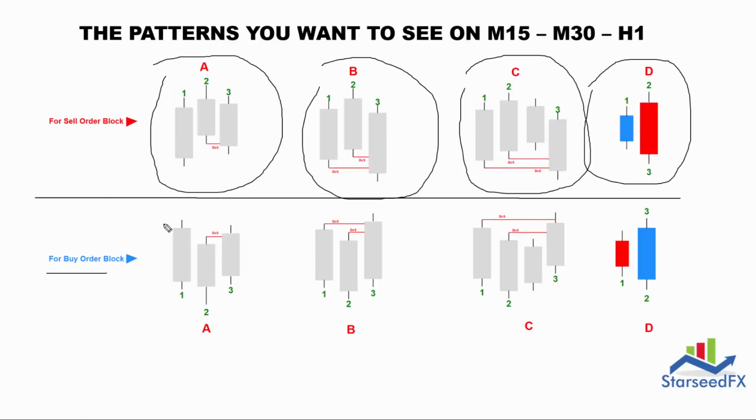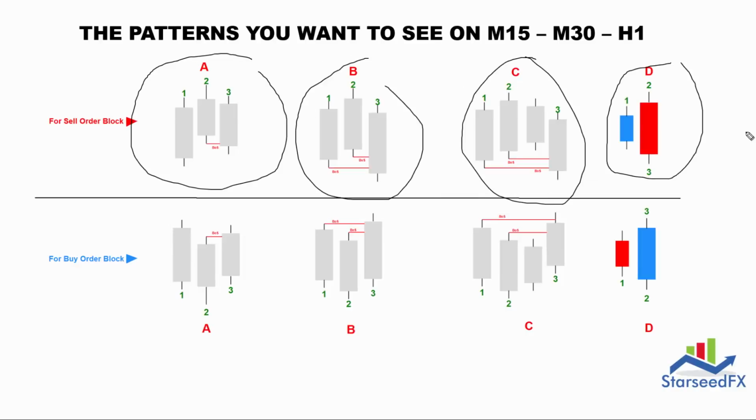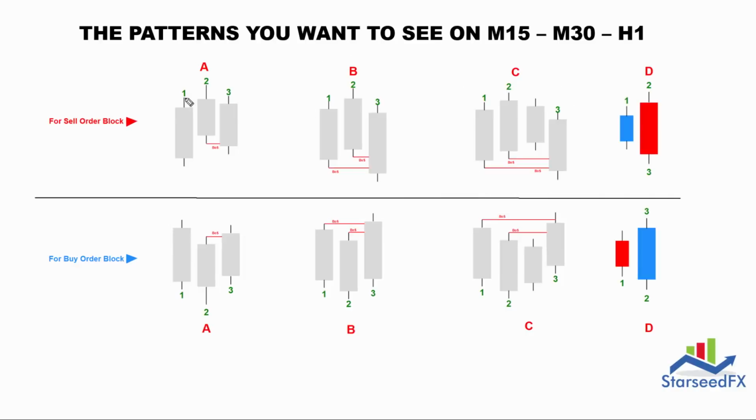And for buy order block, you want to see a candle formation of any type from here. Any of these, whichever appears on that particular chart, where 1 is taken out by number 2 and number 2 is taken out by number 3.